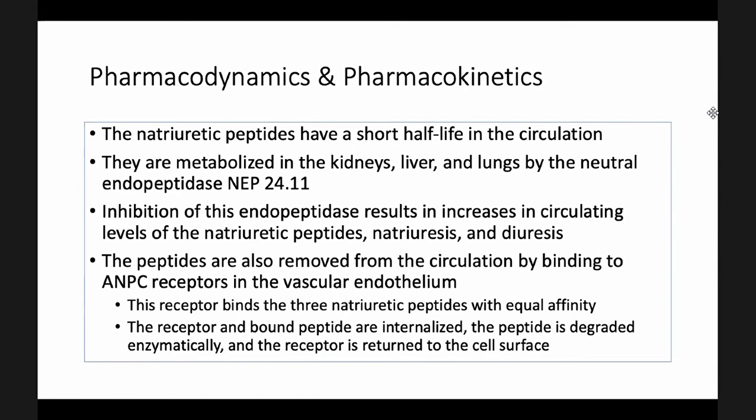The peptides are also removed from the circulation by binding to your ANPC receptors in the vascular endothelium. This receptor binds the 3 natriuretic peptides with equal affinity. The receptor and bound peptide are internalized, the peptide is degraded enzymatically, and the receptor is returned to the cell surface.